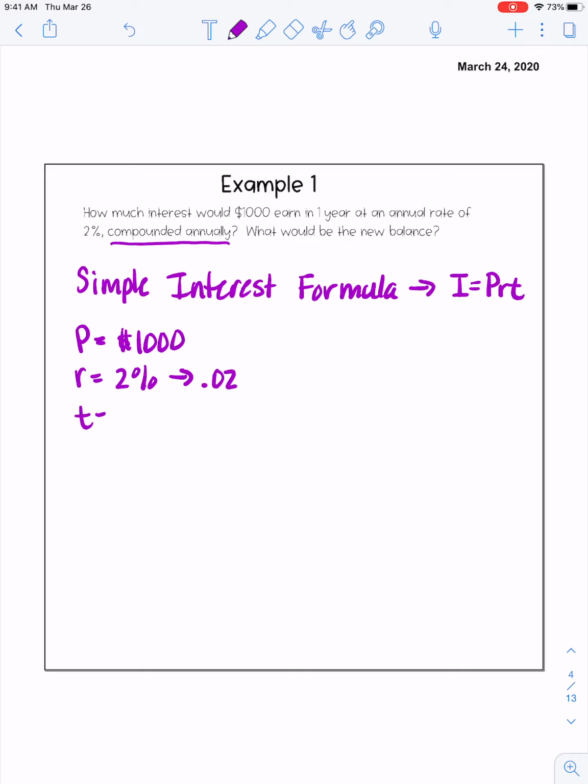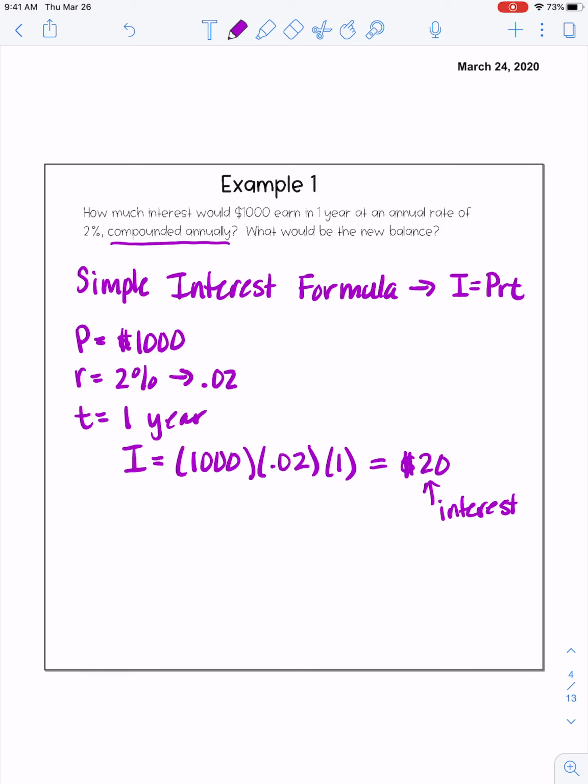And my T is 1 year. When I plug all these in, I get I equals 1,000 times 0.02 times 1. 1,000 times 0.02, I don't have to do times 1 because that's redundant. So I get $20. That's my interest.